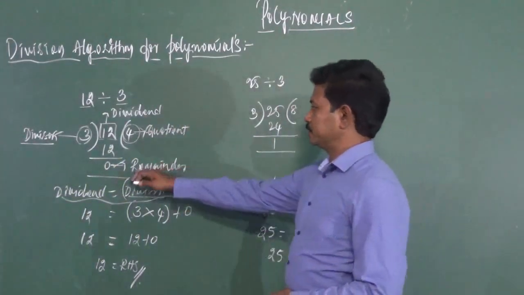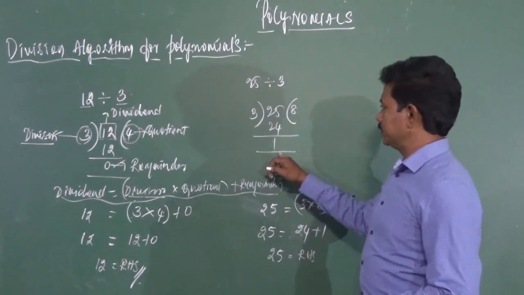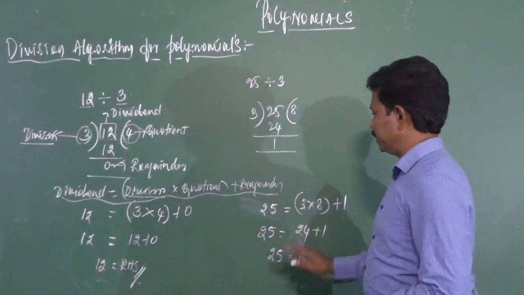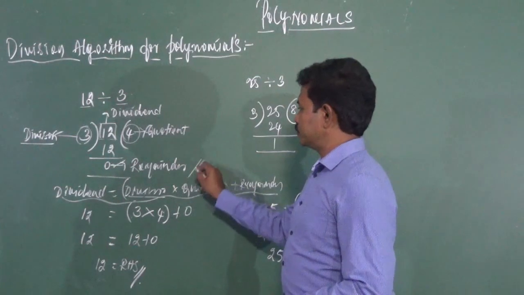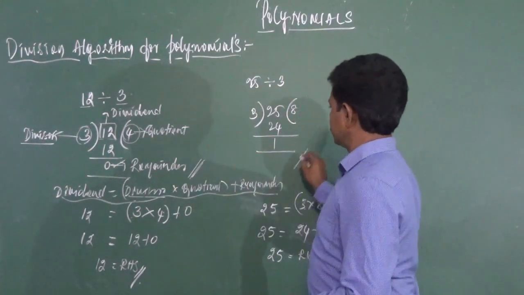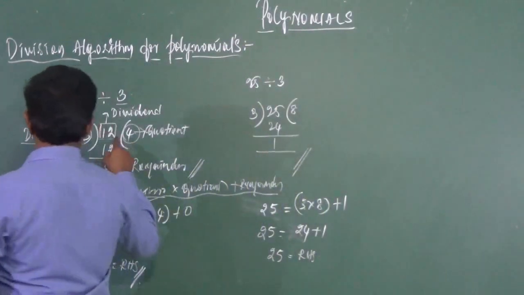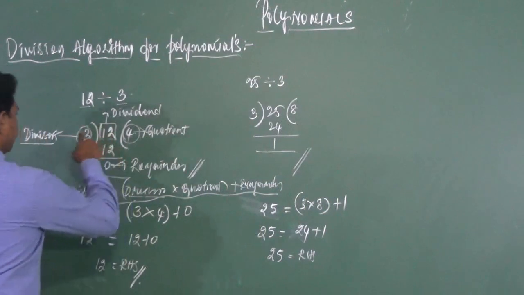If you get remainder 0, the relationship is satisfied. If you get a non-zero number, then also the relationship is satisfied, you can see here. But the conclusions we came to here and here are totally different. Here, as the remainder is 0, we say that 3 is a factor of 12 and 12 is a multiple of 3.